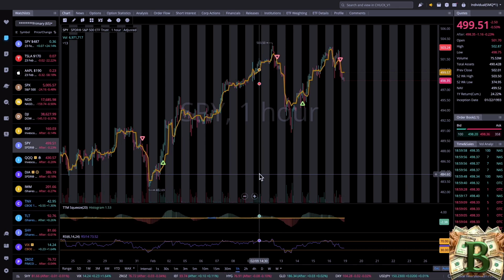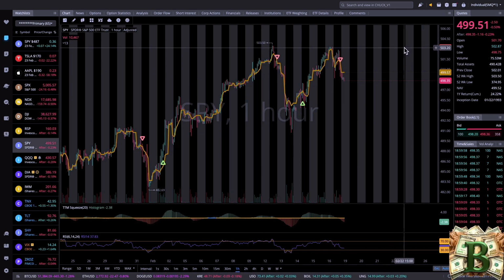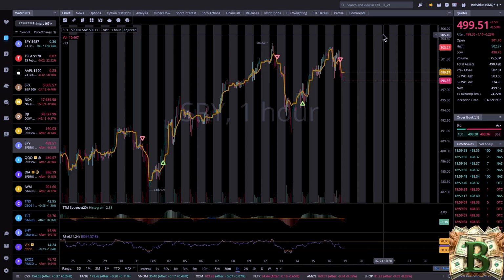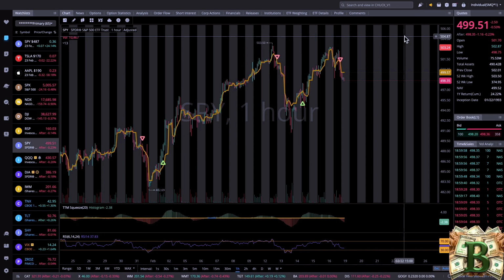Meaning if you buy call options on SPY, it's trading at 498.35 and it goes to 505 and you bought the 500 call, you could technically exercise that contract and own 100 shares. You could buy it at 500 when SPY is trading at 505, meaning you could sell them for 505 and you get the right to buy them at 500.